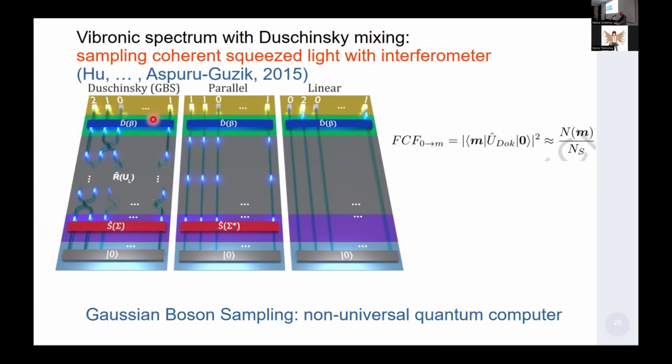So for Dushinsky to have any effect on the spectrum, we actually need squeezing. So if our frequencies in excited states differ considerably from those in the ground state, then we need Dushinsky mixing. Otherwise, we don't, even if it's non-trivial itself. So modes may be mixing, but they won't be seen in the spectrum.